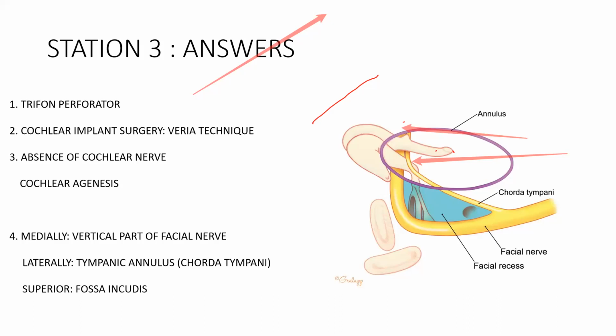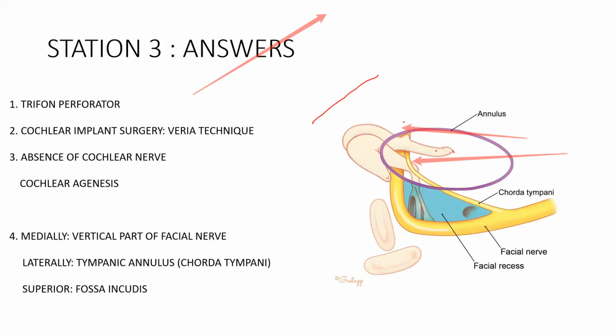This is used for cochlear implant surgery, the round window technique. And the absolute contraindication for this surgery is the absence of the cochlear nerve and cochlear agenesis. In these two situations, you cannot go for cochlear implantation surgery.